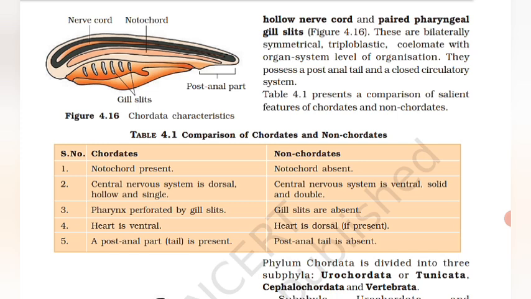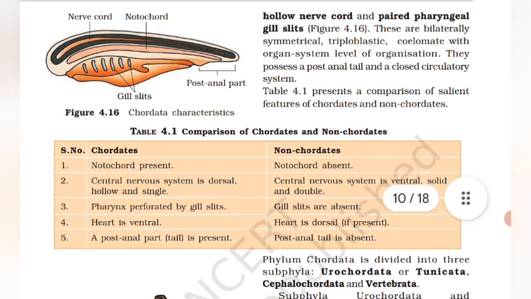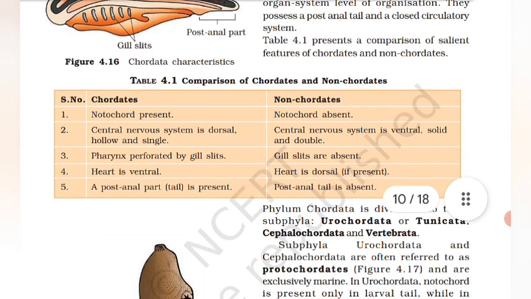The subphylum Vertebrata is further divided as follows. Vertebrata divides into Agnatha, that is without jaws, and Gnathostomata, that is bearing jaws. Agnatha का एग्जाम्पल है क्लास Cyclostomata.